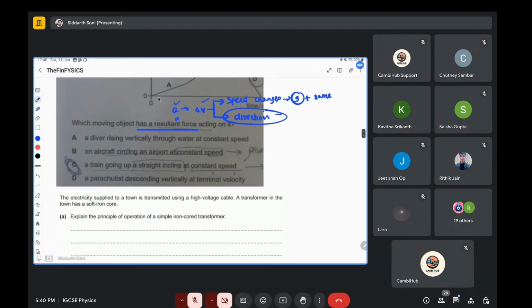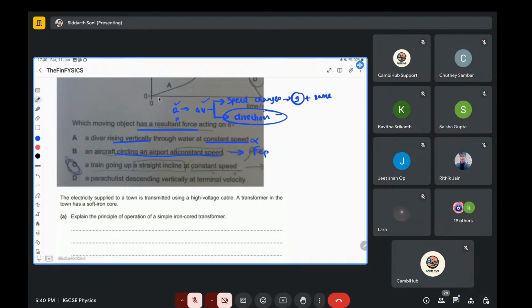If I go through the question, see A, the diver rising vertically. There is no change in direction and constant speed. Are you all understanding, beta, what they're doing? So over here, this is wrong. Circling. Whenever you circle, there is a change in direction, which means this requires force, which is your centripetal force.